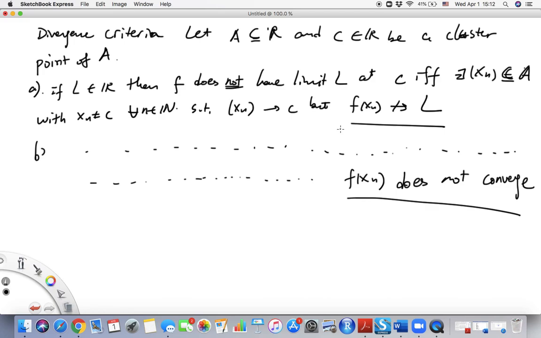Okay, so example. The limit as x goes to 0 of 1 over x does not exist in R. How do we do that?